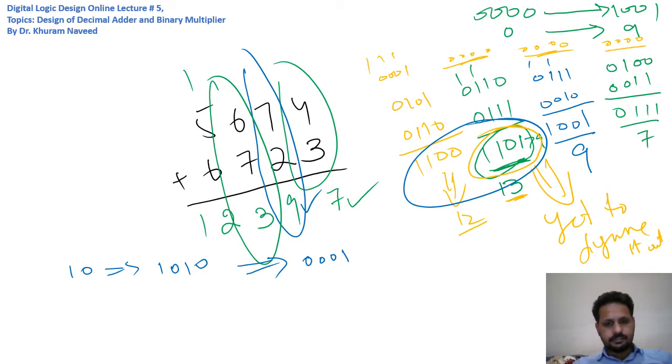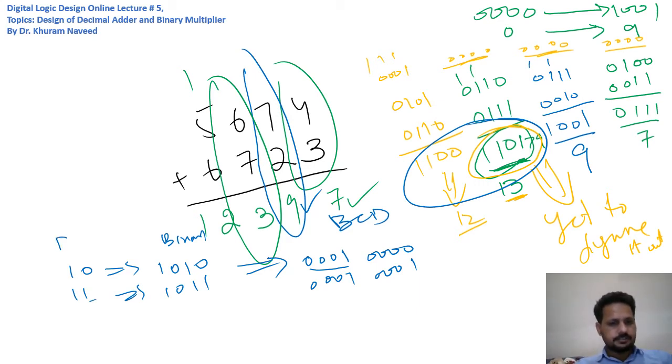First we write the BCD of 1 and then the BCD of 0, and similarly 11 has a binary code, but in BCD we write the BCD of individual digits.